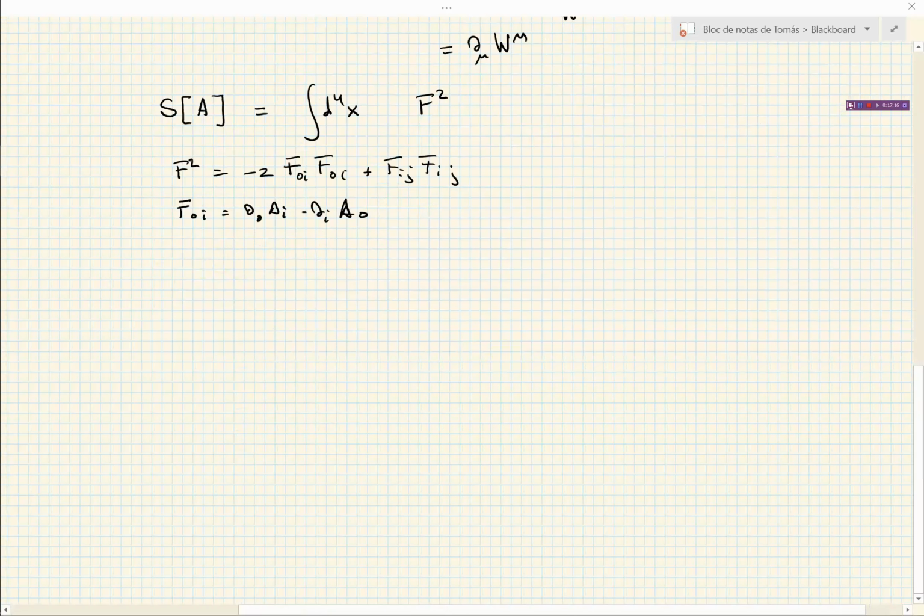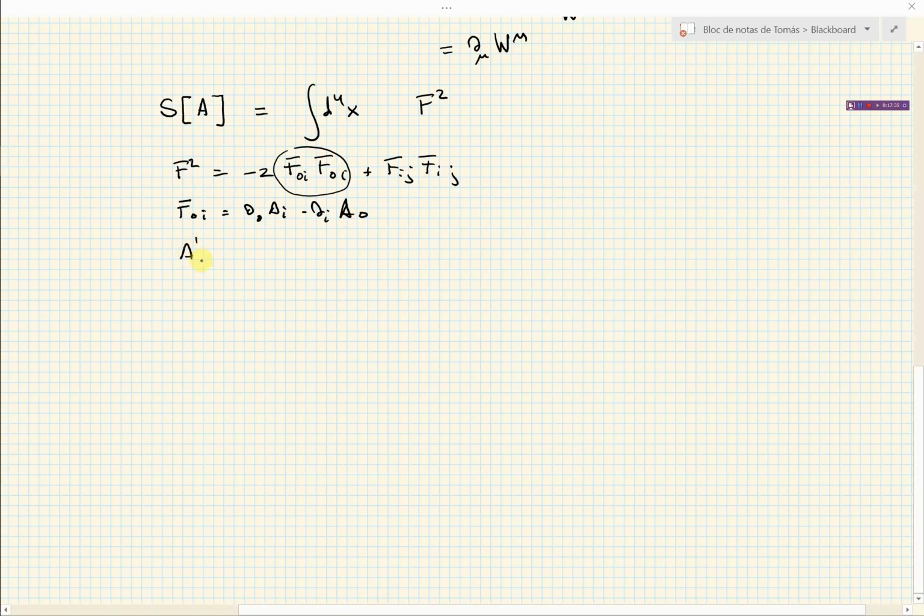If I manage to remove these terms, then I get that this first term here would be quadratic in derivatives of a_i. How can I do that? I can use a gauge transformation to remove a_0, to set a_0 equal to 0. How do I do that?